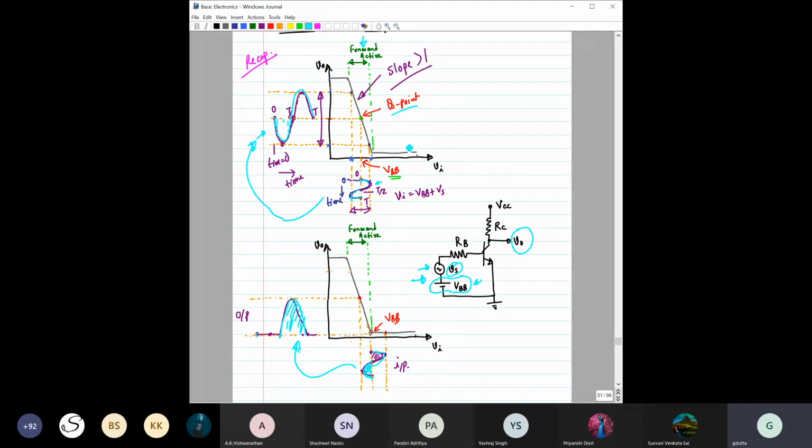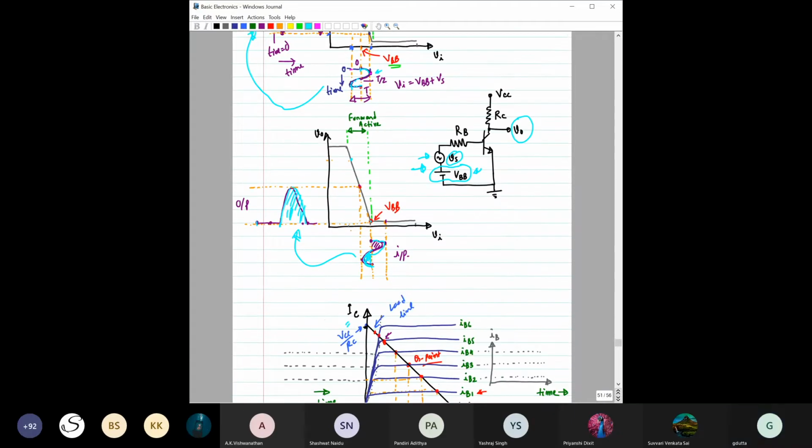So it is very important to keep the Q point properly, and DC biasing is very important. We have understood this and also discussed some numerical problems to understand where to keep the Q point. More understanding of this will come when we discuss amplification.